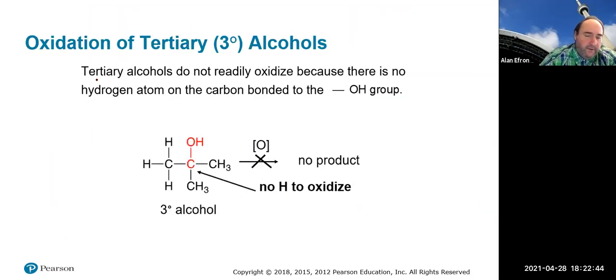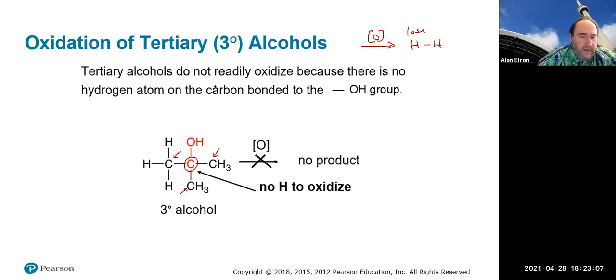Now, what about our tertiary alcohol? Well, if you remember, our tertiary alcohol here means that this carbon is attached to 1, 2, and 3 carbons. And the oxidation reactions we've been talking about require the loss of 2 hydrogens.